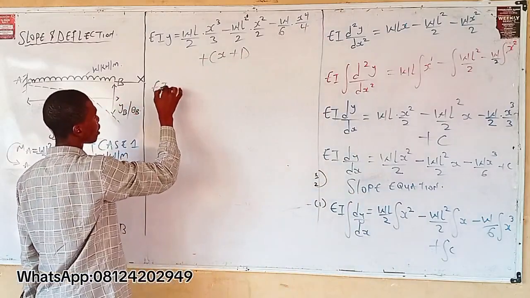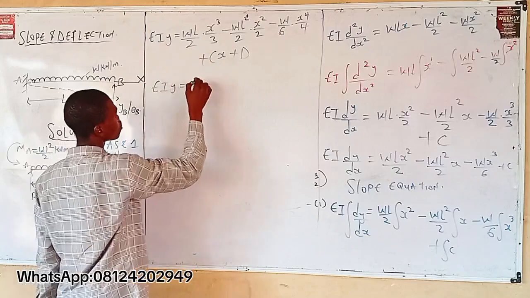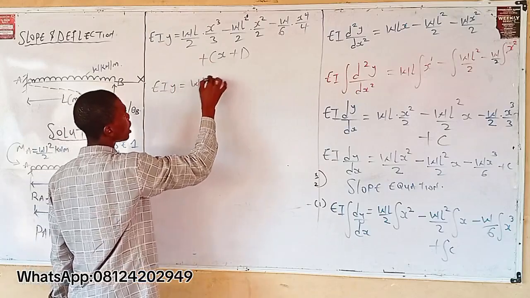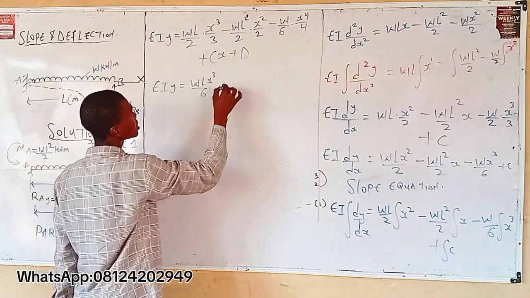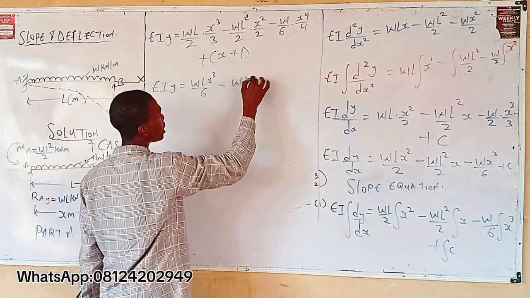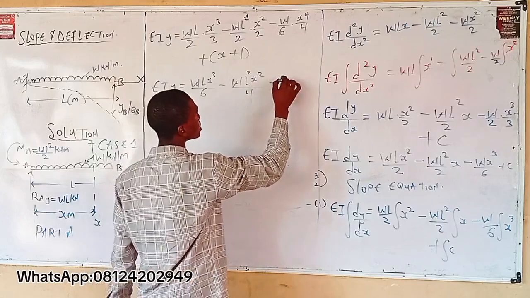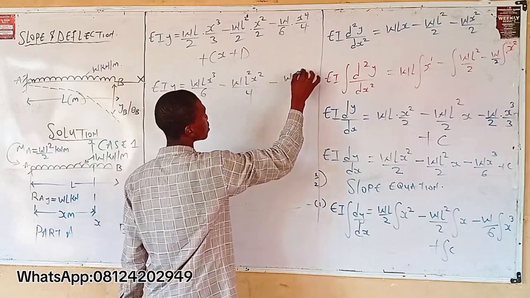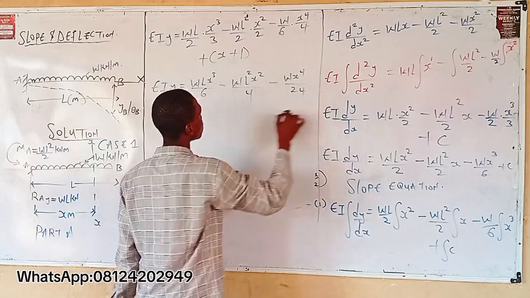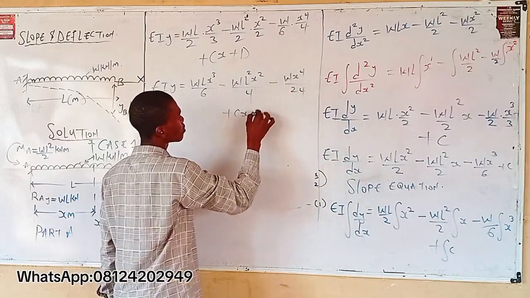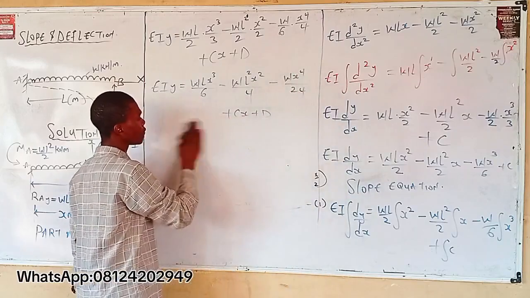Now let's write this better. EI y equals WL x cubed over 6, negative WL squared x squared over 4, negative W x to the fourth over 24, plus Cx plus D. Right, deflection.